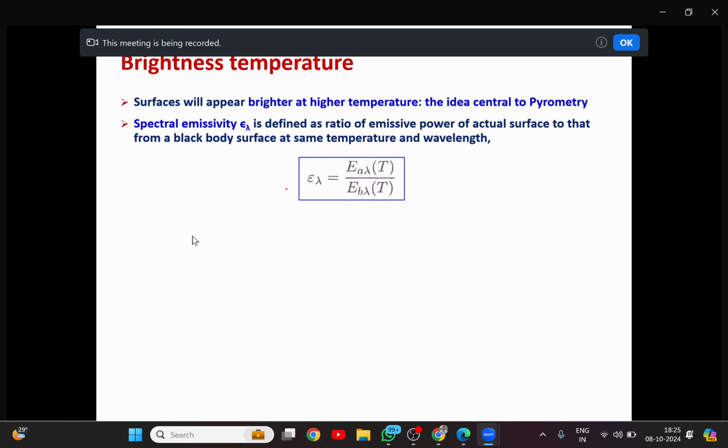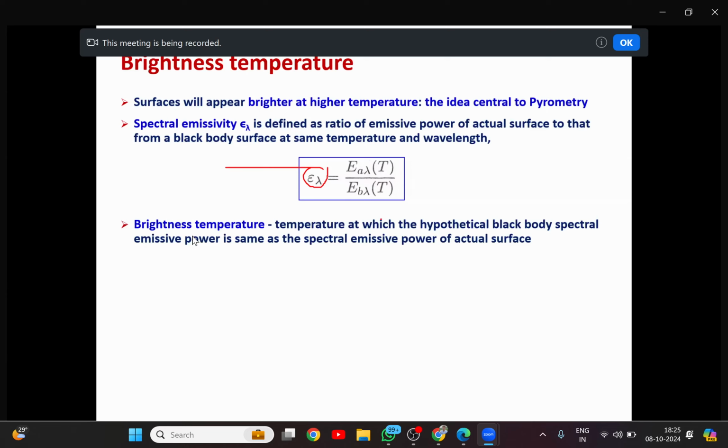So emissivity is defined as the emissive power of an actual surface or body at a given temperature for a given wavelength, divided by the emissive power of the black body at the same temperature and the same wavelength. This is known as spectral emissivity, at a particular lambda.